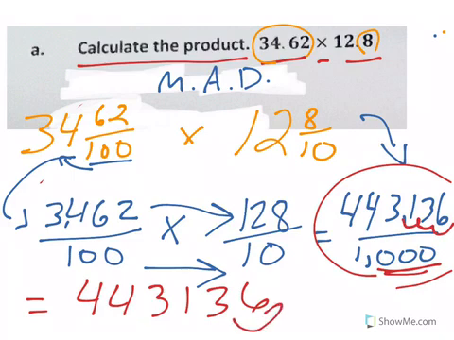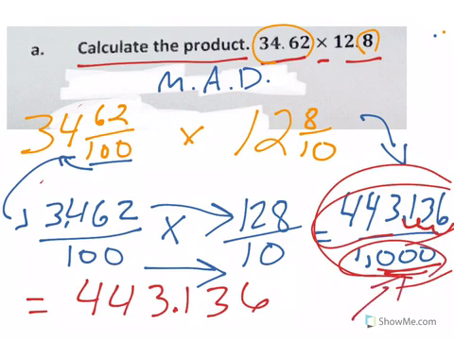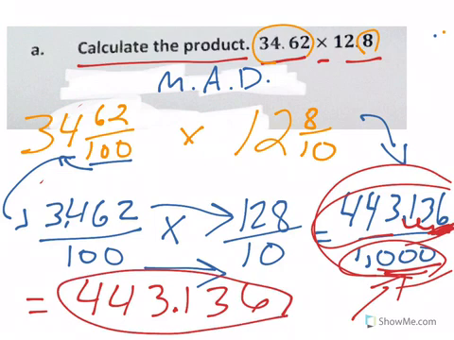So I go 1, 2, 3, and I can put my decimal here, which would be 443.136, or 443 and 136 thousandths. The other thing we can look at is we've got this digit, and this is the thousandths place, so that means the final digit up here has to be in the thousandths place. So a couple ways of looking at that, but that's how we get this answer.